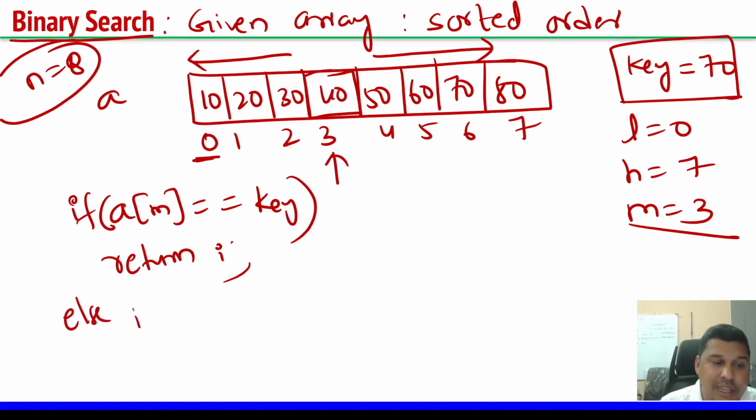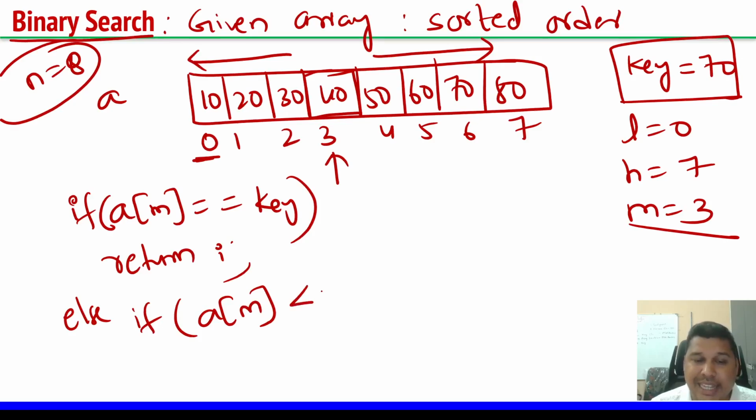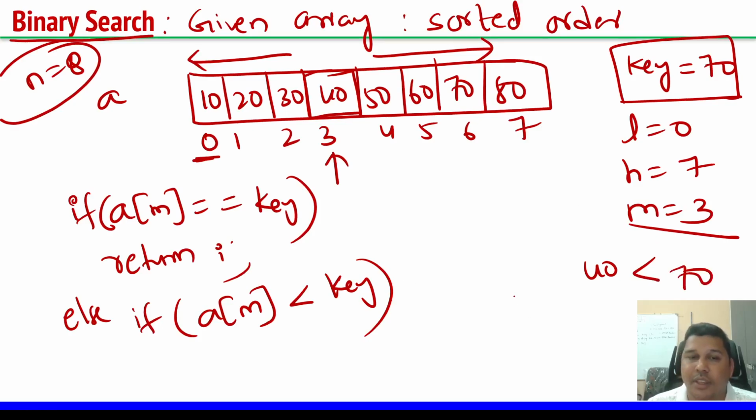Else, you verify whether a of m is less than key. What is the a of m value here? A of 3 is 40. 40 is less than key 70. Right? If a of m is less than key, then you have to make your low value m plus 1. So now this will become your low.